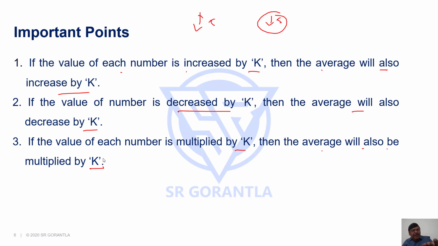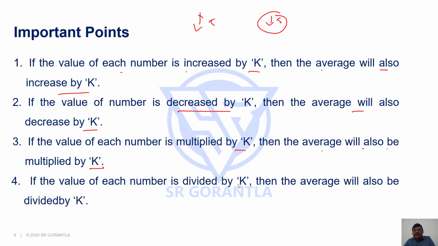If each number is doubled, the average will get doubled, right? If each number is trebled, the average will also get trebled, right? Similarly, when each number is divided by k, of course, k should not be 0 because you can't divide by 0, then the average will also be divided by k, right? So these are a few important points.